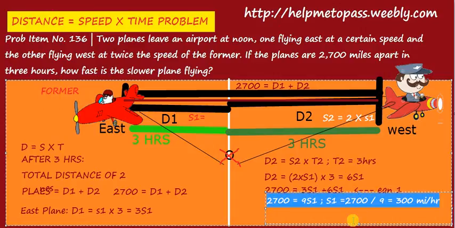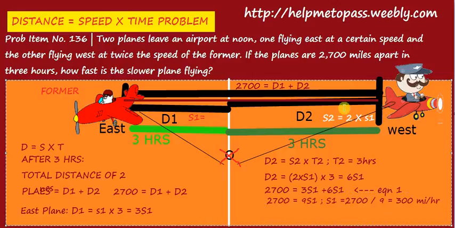I hope you can follow this. Since the question asked here is only how fast the slower plane is, and the slower plane is the one going east, we have already solved that the speed of the slower plane is S1. S1 equals 300 miles per hour, after 3 hours.